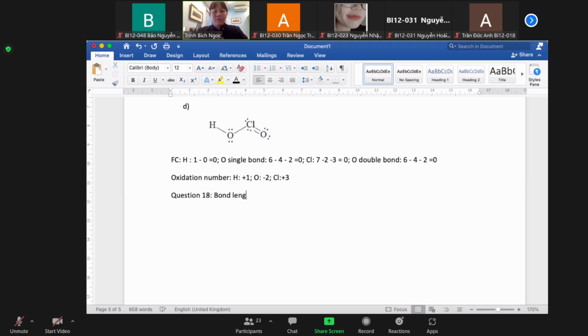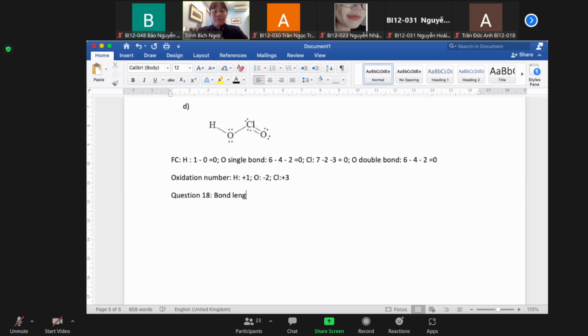Bond order thì tỷ lệ nghịch với bond length. Như thế thì bond length nào là ngắn nhất và bond length nào là dài nhất ạ? Bond length ngắn nhất sẽ là gì ạ? Liên kết 3, CO là ngắn nhất, bền nhất ạ.